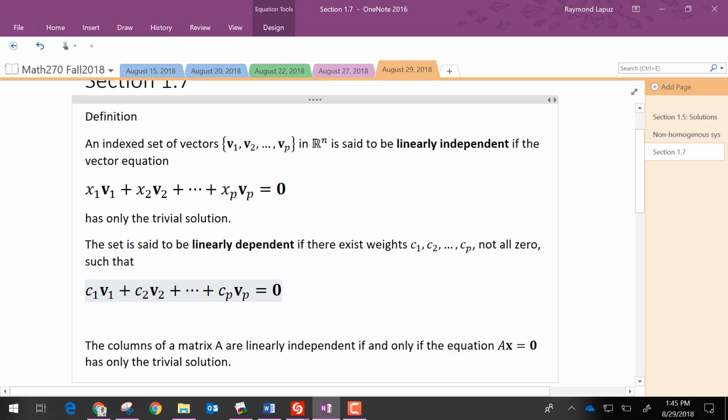Usually in a more theoretical math class, the first thing they would talk about is vectors and vector spaces, and then they would talk about linear independence of vectors in vector spaces, and then have a bunch of proofs proving things are linearly independent.